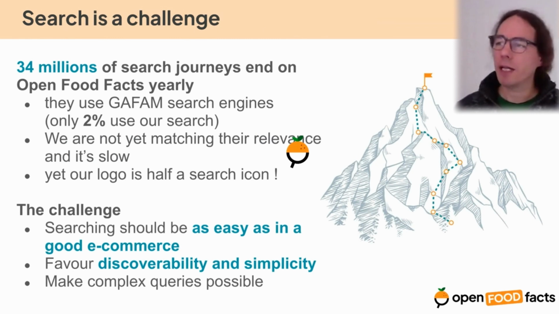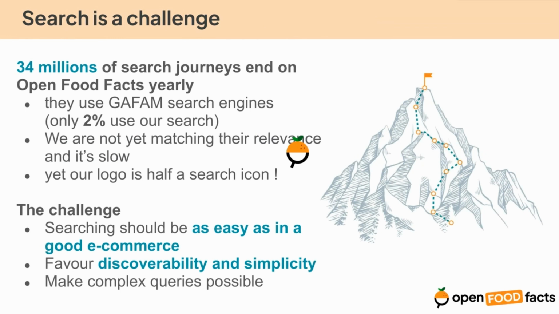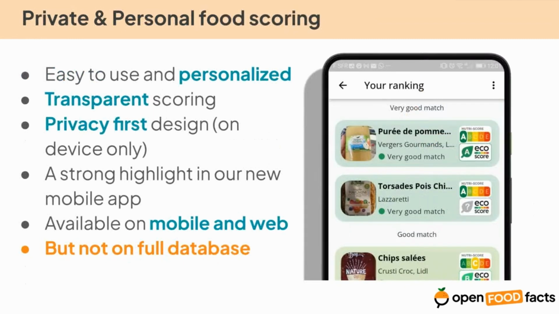We want it to be as good as e-commerce. We want it to be discoverable and simple. We want also to make complex queries possible because we have a lot of advanced users who use complex queries to really mine the database. We have a personalized score on products.